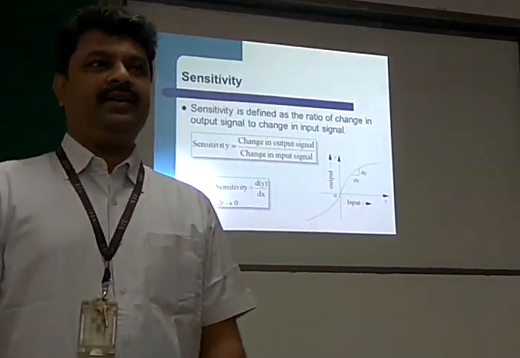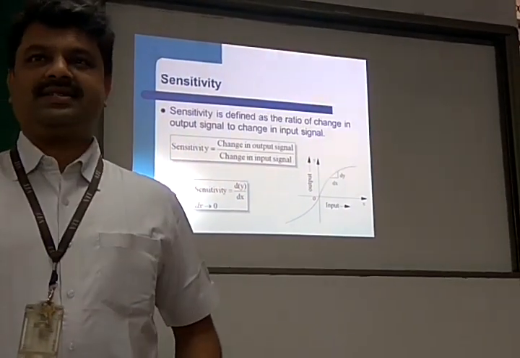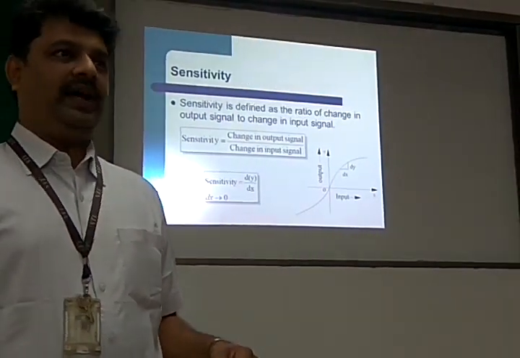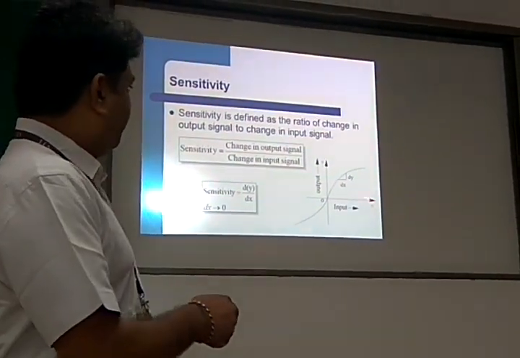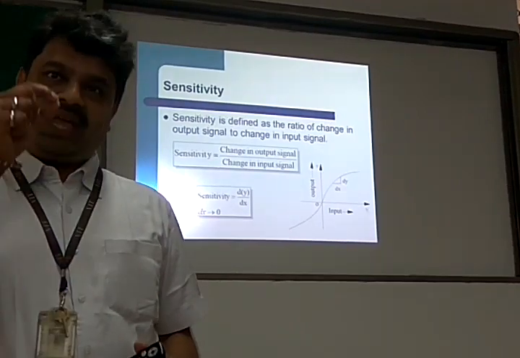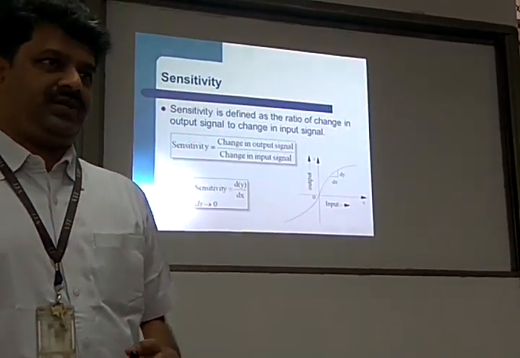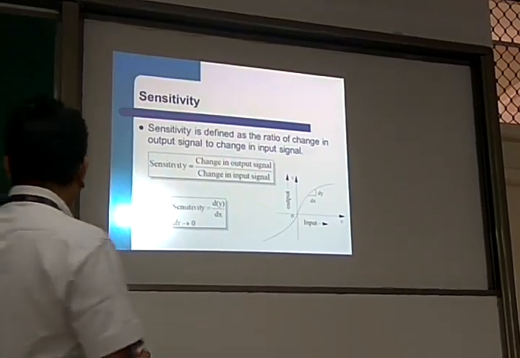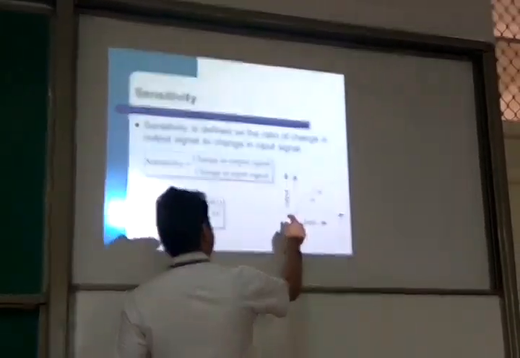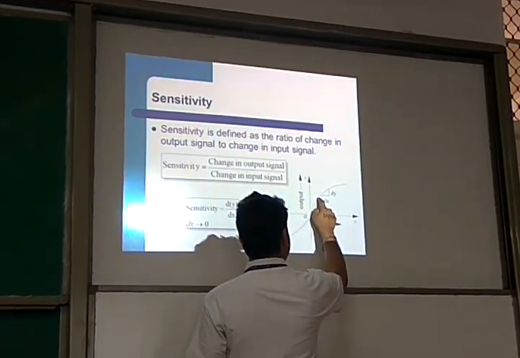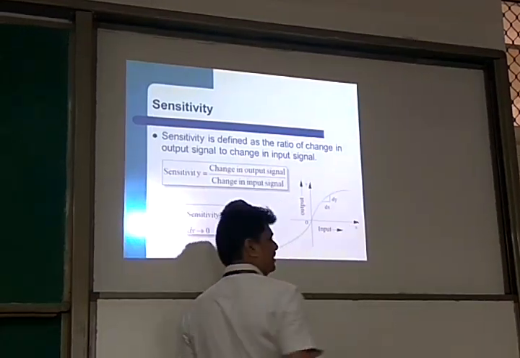If it is a straight line, dy by dx is going to be constant. Whereas if it is a curve, at every point the slope of the curve will change. So you should exactly say at what point you compute this slope. If you compute the slope here, it will be different than here, than here, than here.